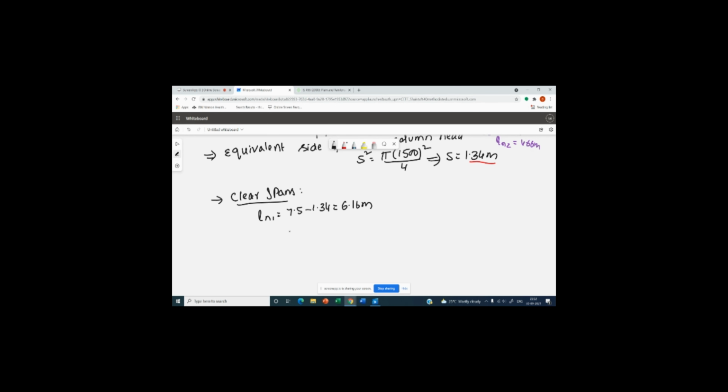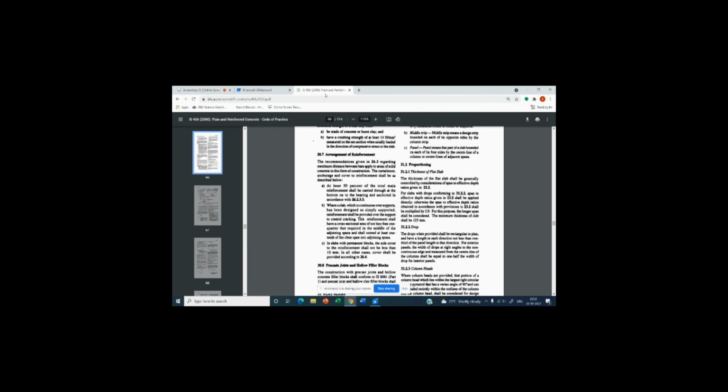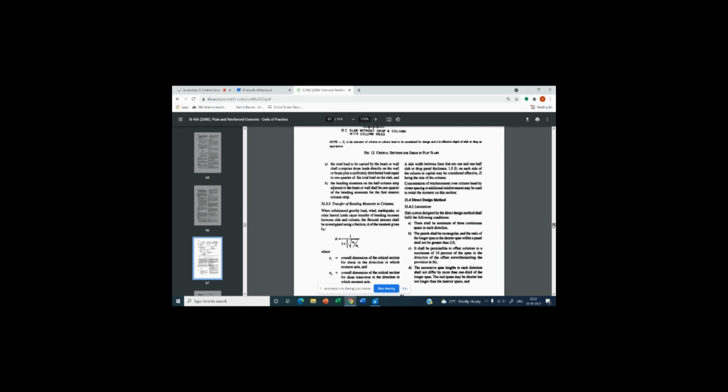Now if you see the clause on clear spans in IS 456, the clear span shall not be more than 0.65 of the span in the other direction. I showed this in my first video.